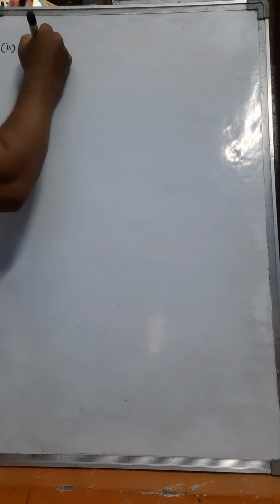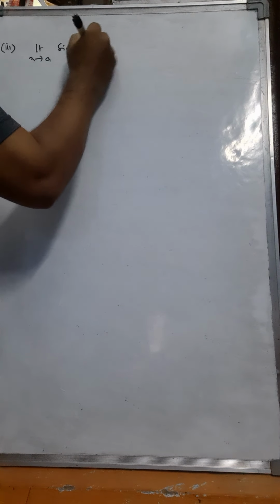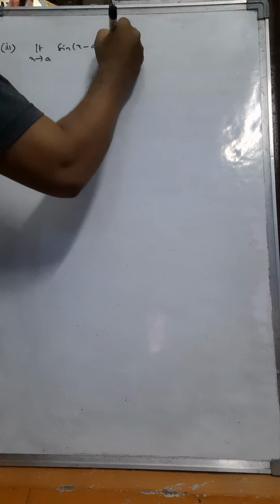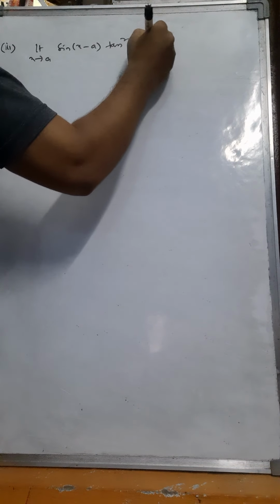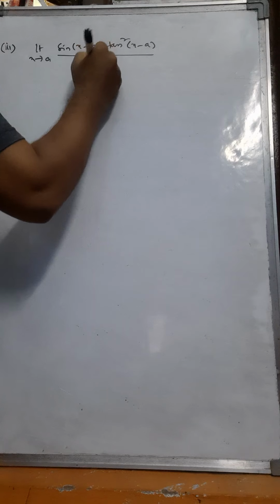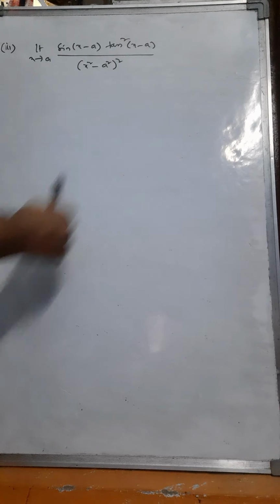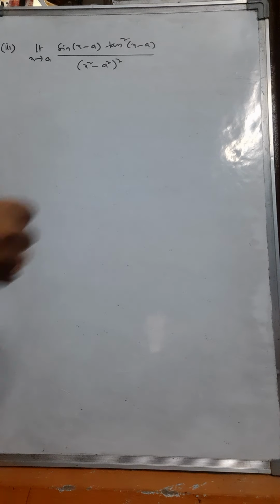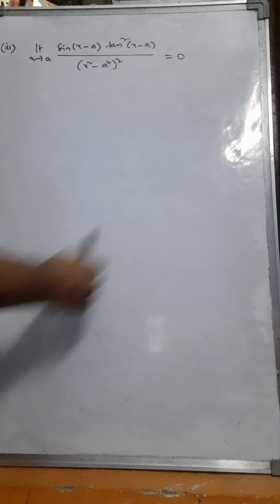Next, third problem. Limit x tends to a of (sin(x minus a) tan square(x minus a) by (x square minus a square)) whole square is equal to 0.